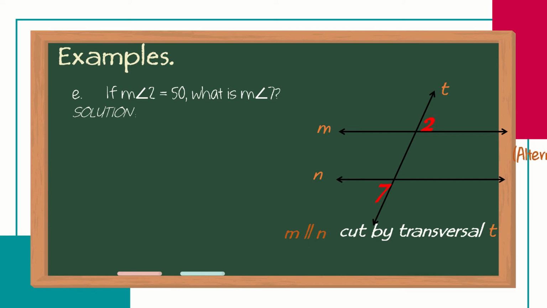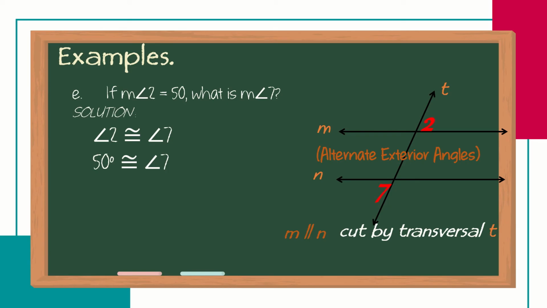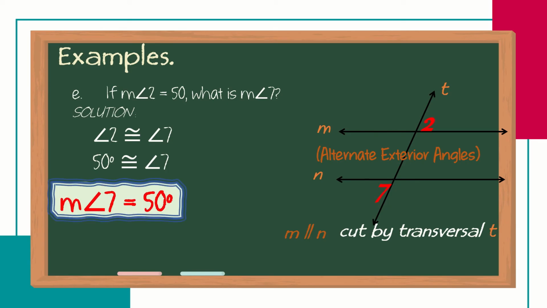And what is the relationship between the alternate exterior angles? That is right. Alternate exterior angles are congruent. Therefore, angle 2 is congruent to angle 7. And since the measure of angle 2 is given, which is 50, the measure of angle 7 is also 50.